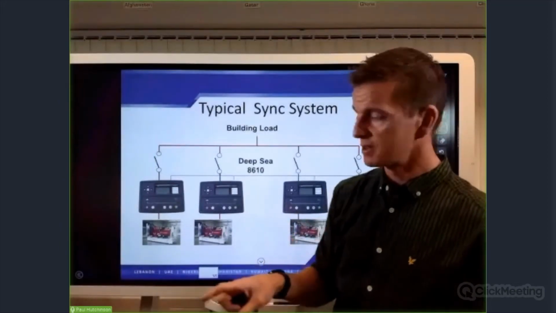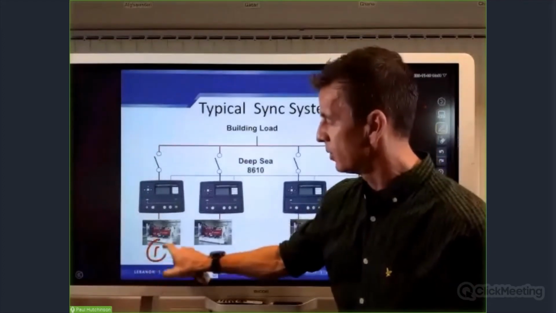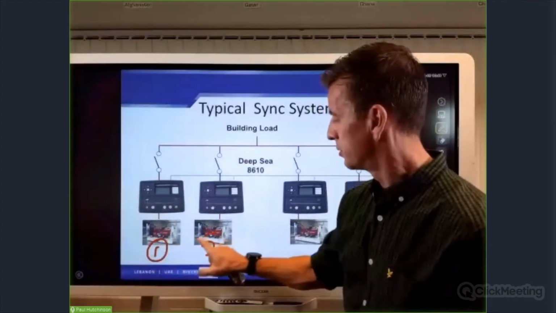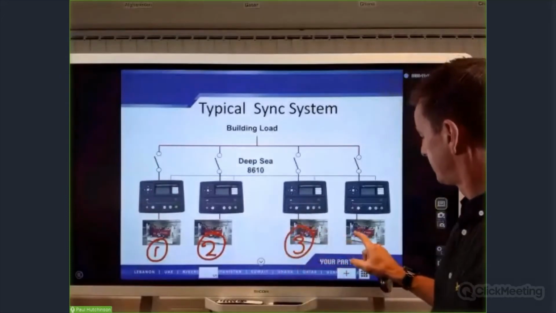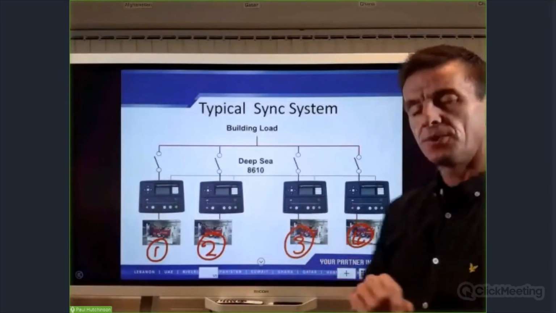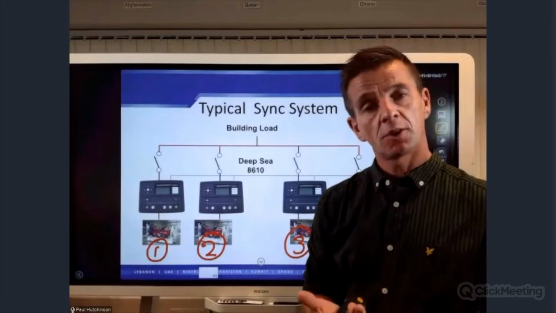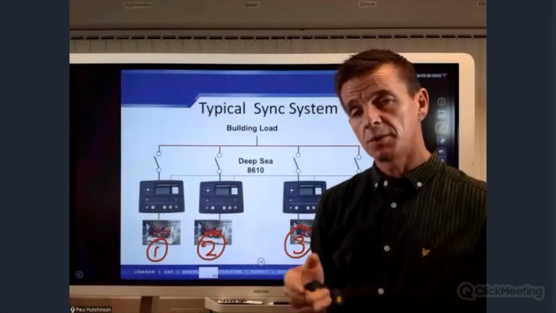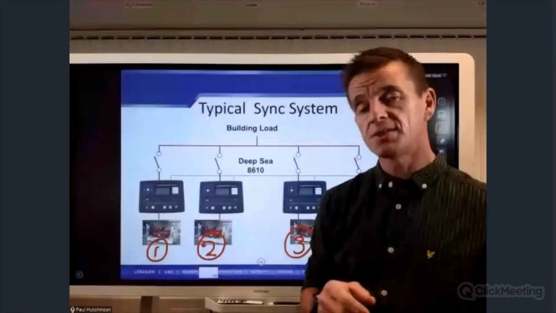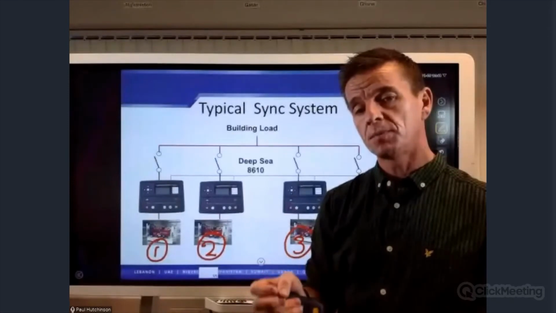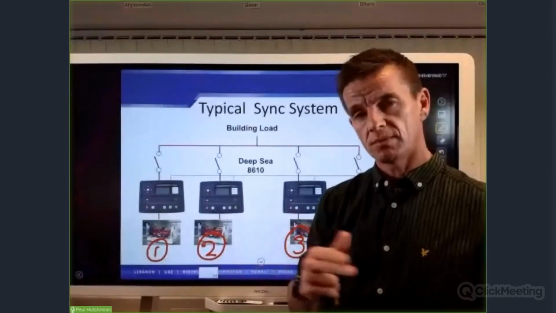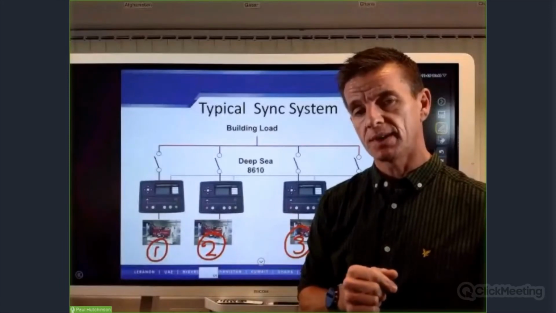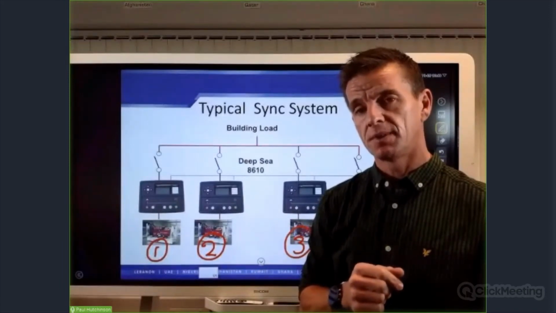So a network address, this could be simply number 1, number 2, number 3, and 4. The priority, so what we mean by that priority is whichever one we want to always run in a load-dependent system, okay? Depending on how it's set up.